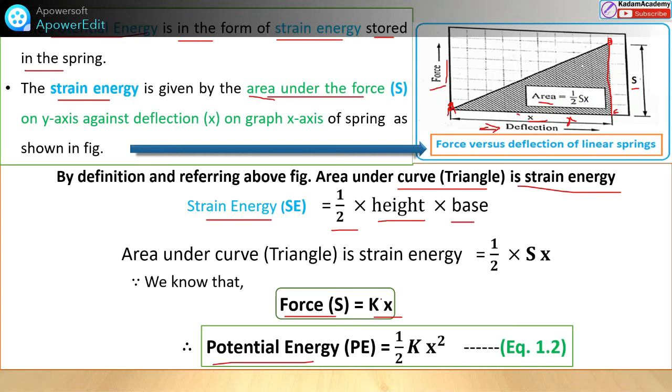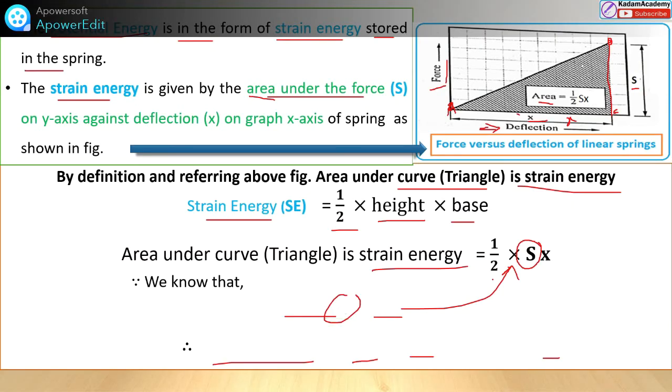We have to put S in terms of Kx, where S is the force. This strain energy is nothing but the potential energy, and the potential energy becomes half into Kx square, where x is the displacement and K is the stiffness of that spring. This is equation number 1.2.